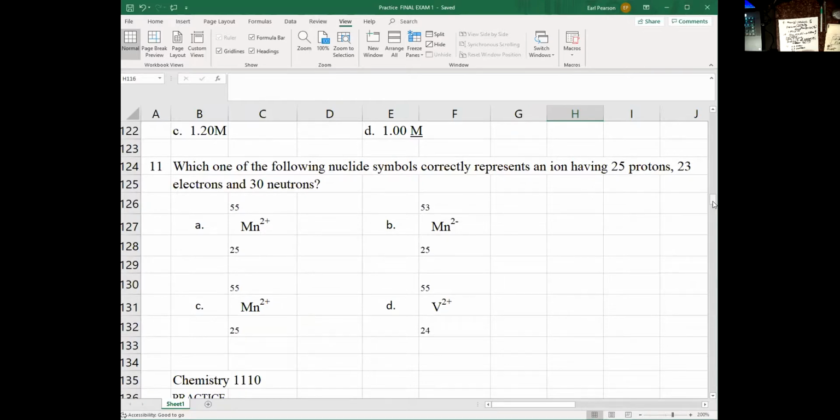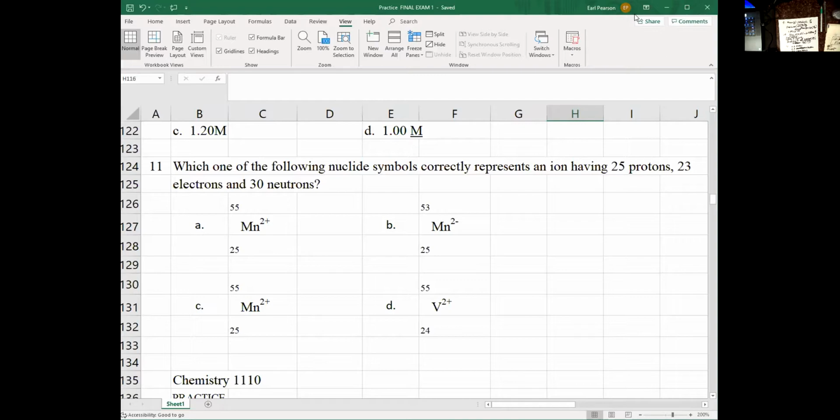No, I got it backwards. I thought that didn't make any sense. 23 electrons and 30 neutrons. Okay, I've got the data down.